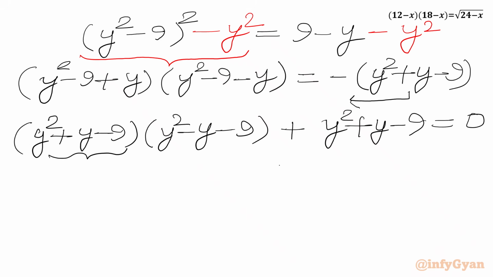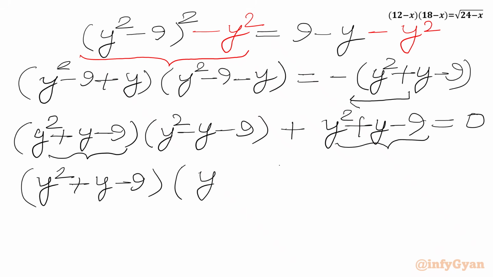Now y square plus y minus 9 is common. We will write y square plus y minus 9 common. In other bracket, we need to write y square minus y minus 9 plus 1 equal to 0.